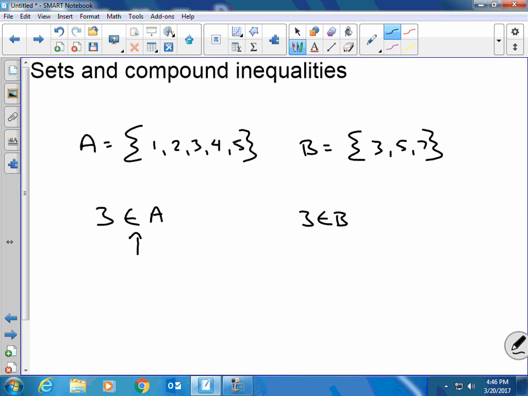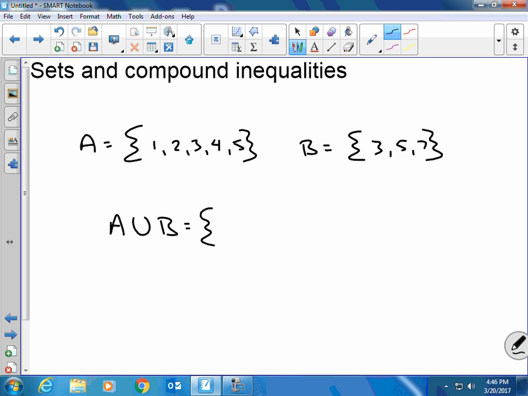Okay, so let's look at something else. I want A union with B. Union is a right side up U, and what it means is it's every element that is in either A or in B. If I want to union A and B together, I want every element, every member, in this case every number, that is in set A and set B put together.